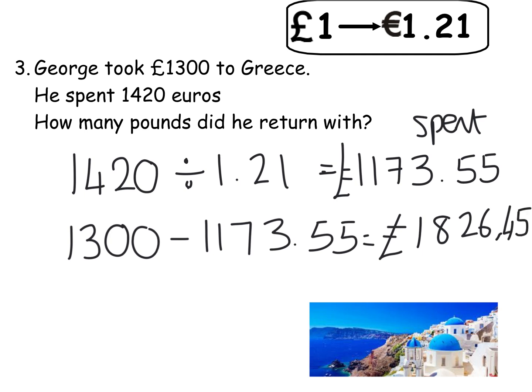It just fits in and no more. So he didn't really spend a lot of his money in Greece, did he, old George? So I did it in 2 sums, but it's not the only method. As I said, we could have done the 1,300 into euros, taken off the euros and then turned it back, but there's sometimes a shortcut to it. Let's look at one more.